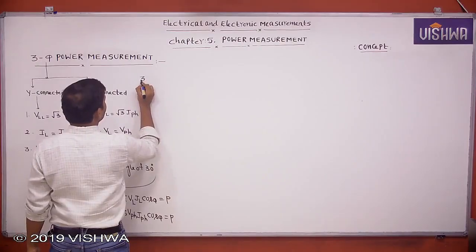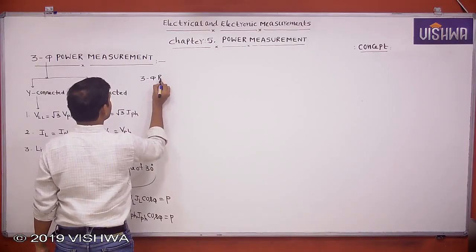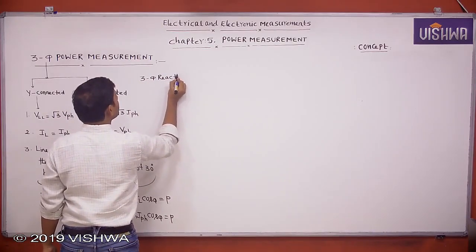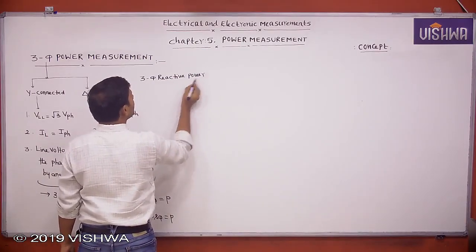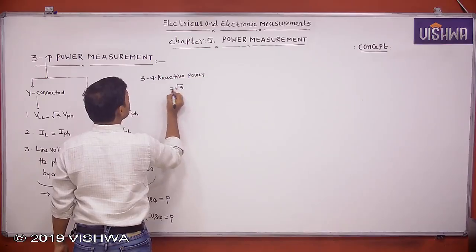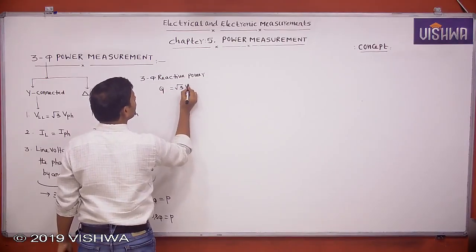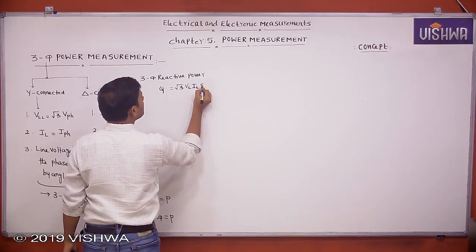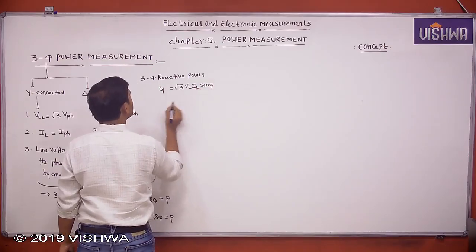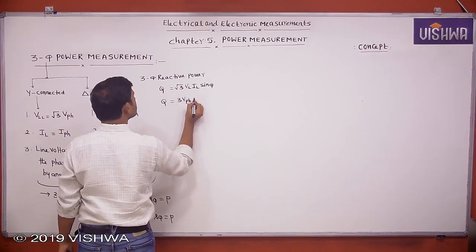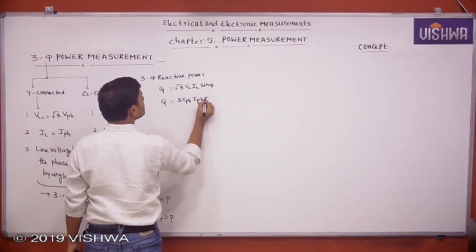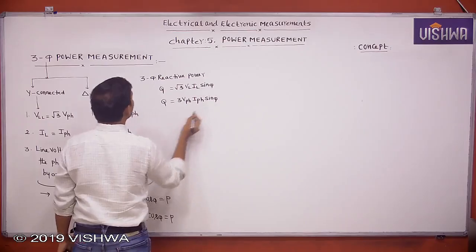What is the formula for three phase reactive power? Three phase reactive power is equal to √3 VL IL sin phi. You can also write 3 into V phase I phase sin phi.